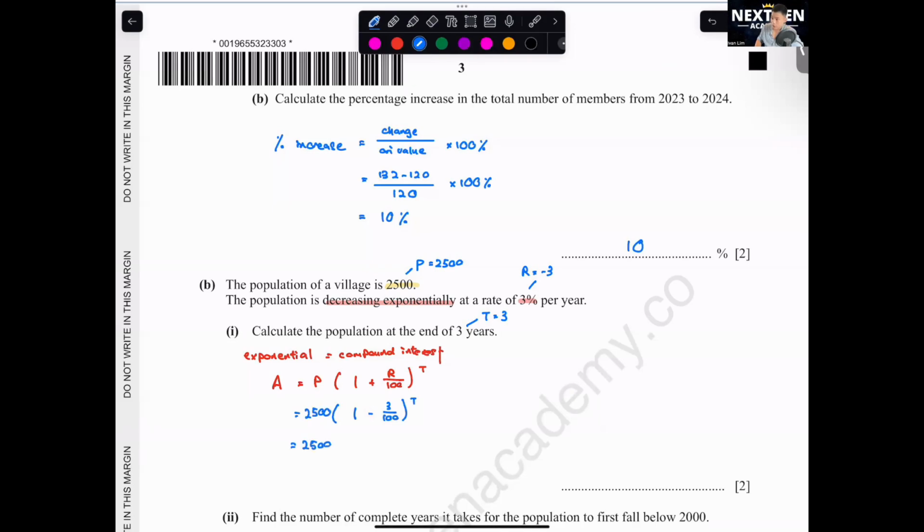So 2,500 multiplied by 0.97 to the power of 3. Type in the calculator, you will get 2281.6 or so. Just round it up: 2282.